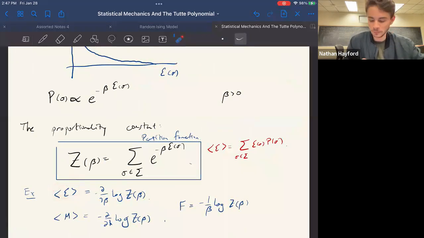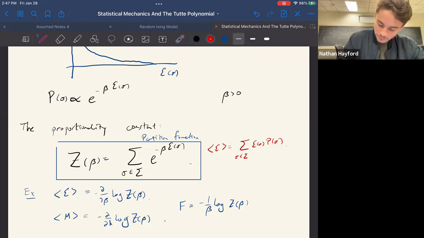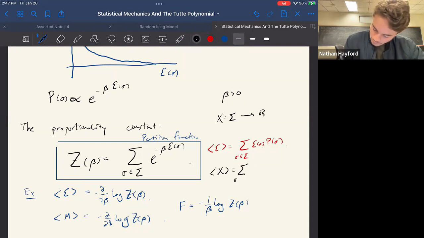So it's a fast way to compute things, essentially. This means the statistical average. In general, if I have a quantity x, a function defined on the states or configurations, say real valued, its average is defined to be the sum of x of sigma times p of sigma.